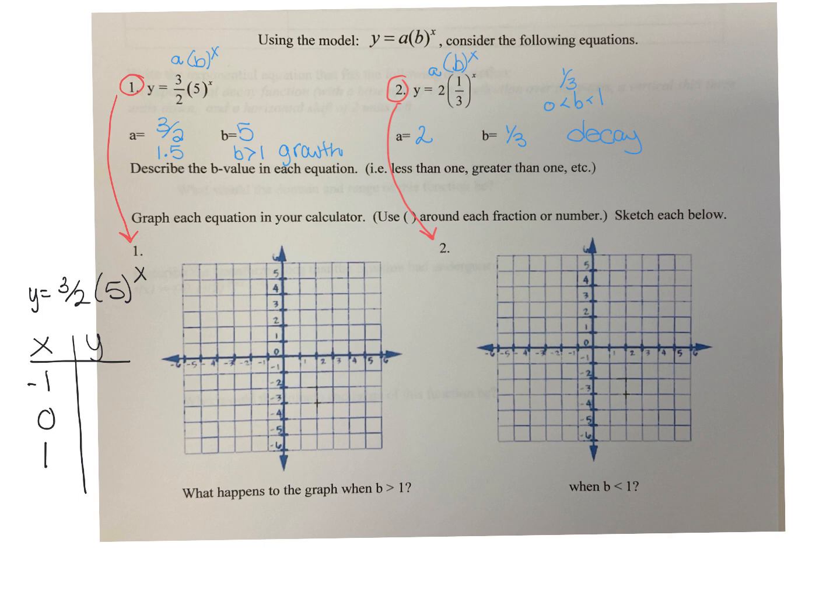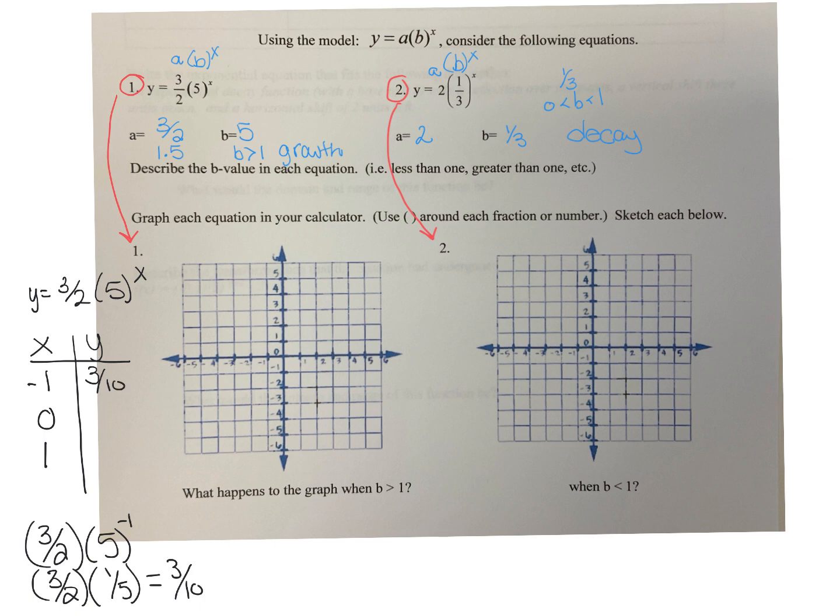If I plug in -1, I get 3/2 times 5 to the negative first. And if you don't remember, if you have a negative exponent, it flips to the bottom. So you have 3/2, and it flips over, so 1/5. When you multiply fractions, you multiply straight across, so you get 3/10.